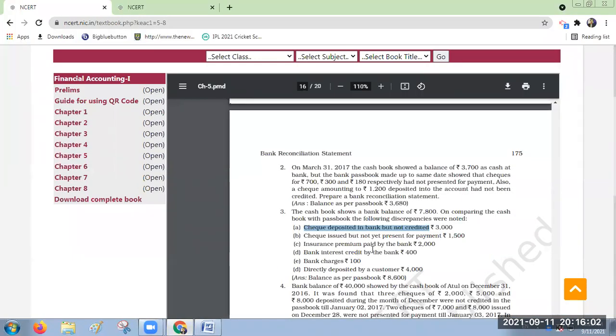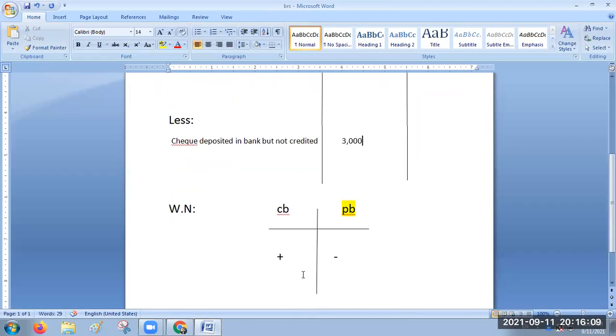Check issued but not yet presented for payment. See, it is exactly opposite to the first transaction. We issued a check means immediately we will deduct the balance from our cash book. It will be minus here, whereas it will show more balance in the passbook because the check is not presented. I told you 3 months time will be there. So here it is minus, whereas here the balance will be more.